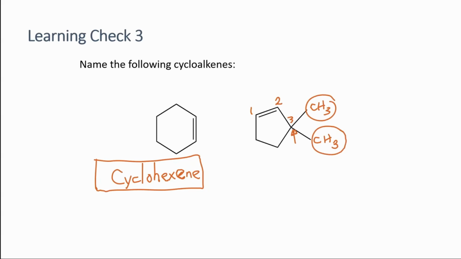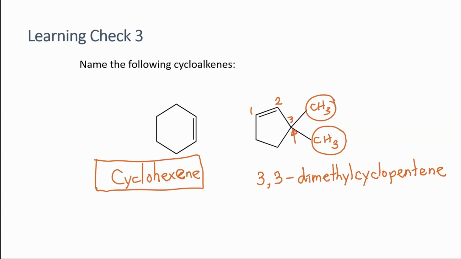So you write 3,3 dash, and to show that there are 2 methyl groups, we say dimethyl, and this is a cyclopentene. You write cyclopentene. So this is the correct IUPAC name for this structure.